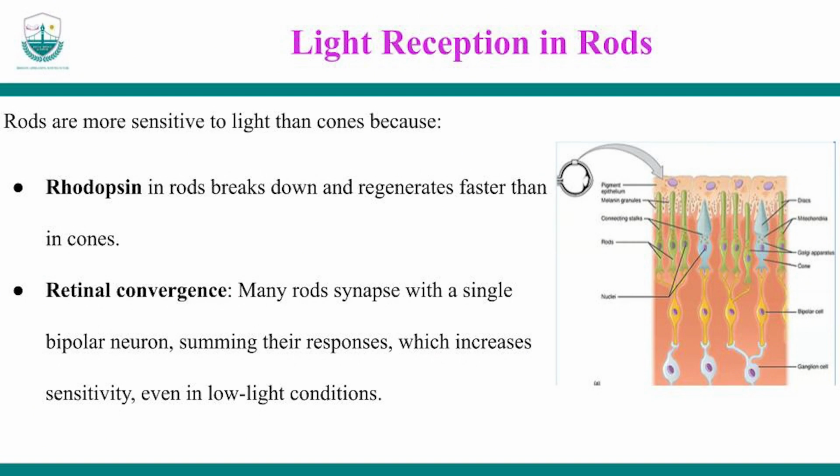The concept of retinal convergence can also be found under the term spatial summation. This is also the same. The concept is basically the same: the stimulation of these individual rods will sum up such that we have an action potential fired through the bipolar neuron. So they are basically related concepts.